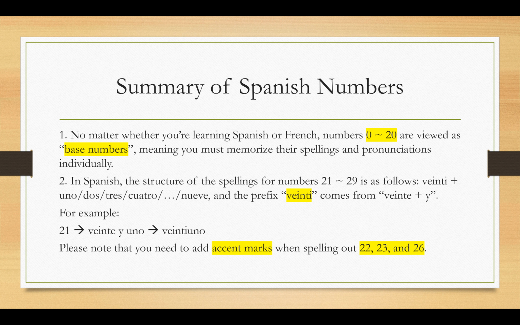For example, 21 can be written as veinte y uno, then we have veintiuno. Please note that you need to add accent marks when spelling out 22, 23, and 26.